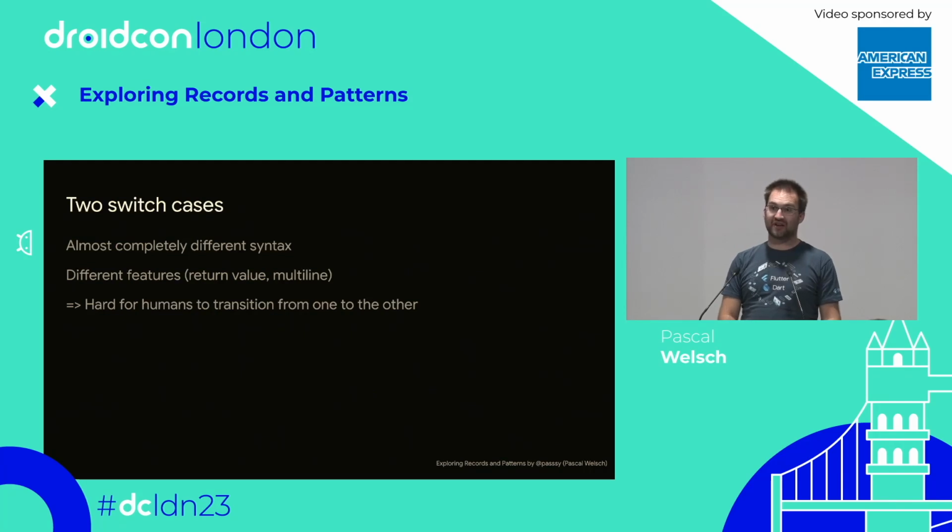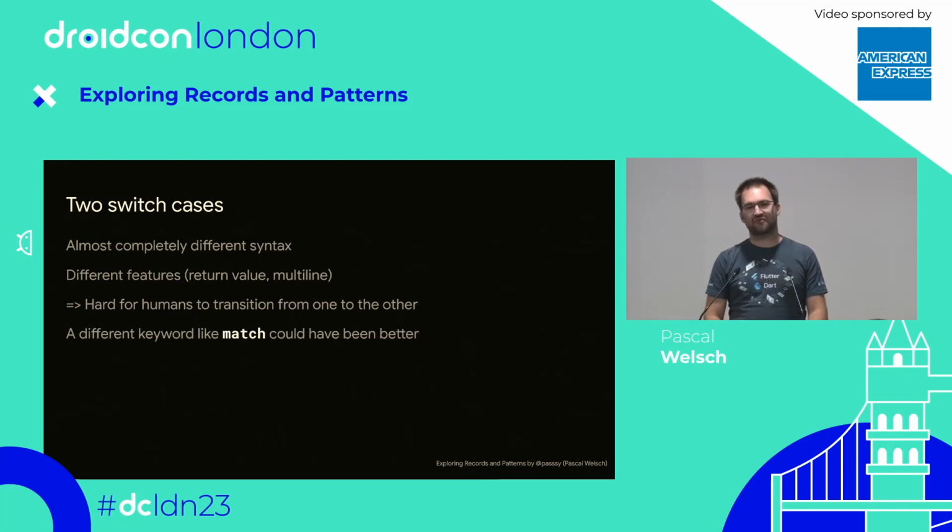But there's one other thing that really annoys me, and we could have a different name for this because they look similar, but under the hood they are not very similar. Why not have a match name and not switch? The main reason for this is because we all use code generators like AI code generators these days.